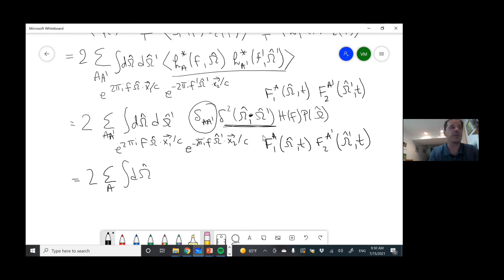So this will now be, we'll have h of f term, we'll have p of omega term, and the exponential will now look like 2 pi i f omega hat dotted with delta x divided by c. And then the last two terms will be evaluated at A and at omega.